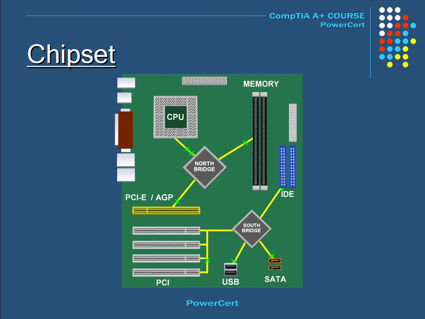There is no direct connection between the CPU and the lower portion of the motherboard. So if the PCI, USB, IDE, or SATA ports needed to communicate with the CPU, the information has to go through the South Bridge, and then up through the North Bridge, and then to the CPU.